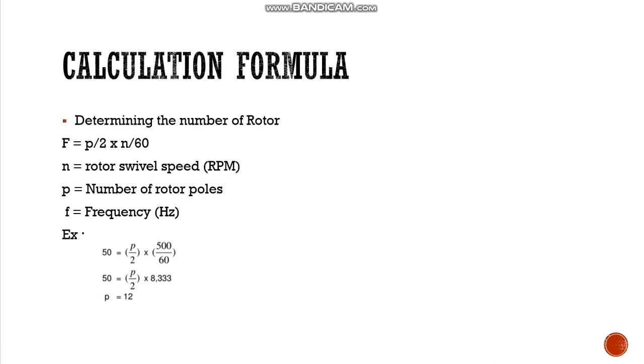In this generator, we determine the rotor and stator. First, the rotor. We determine the number of rotor poles. Look at the formula and the example like this, and the result is 12.